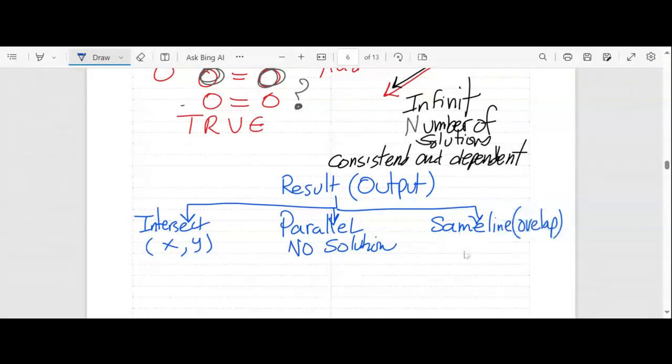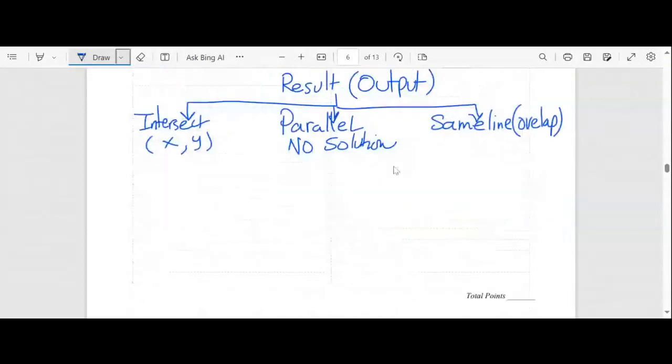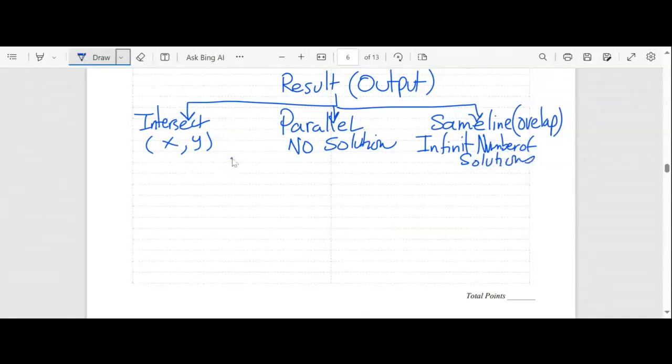So what is same line, overlap? How many solutions do you have? Infinite number of solutions. Let's take a look at how they look. I'm graphing one line now.